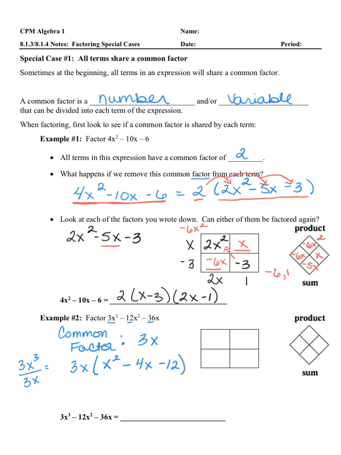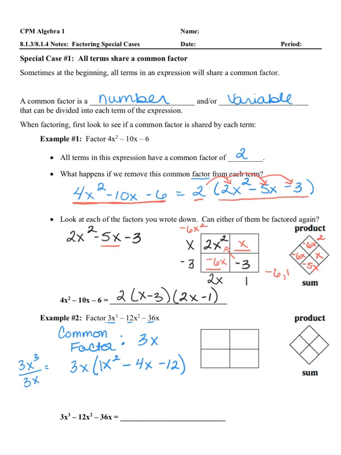One little trick you can use when you're pulling out these common factors is to take a look at the numbers and letters separately. Ask yourself how each of the coefficients, or the numbers in front of the variable, are divisible by 3. 3 divided by 3 is 1. Negative 12 divided by 3 is negative 4. Negative 36 divided by 3 is negative 12.